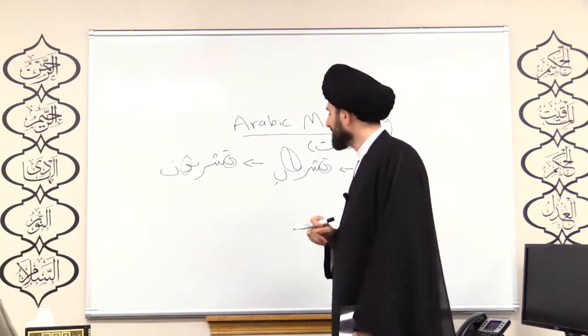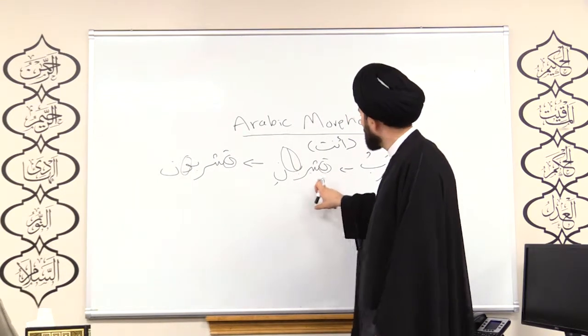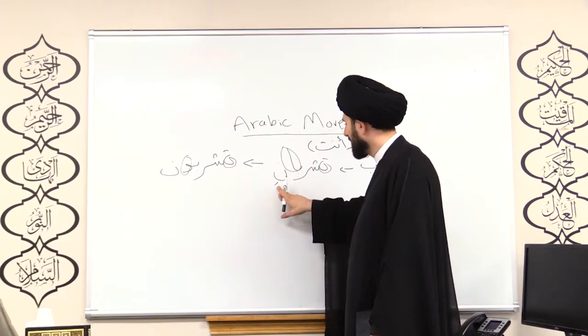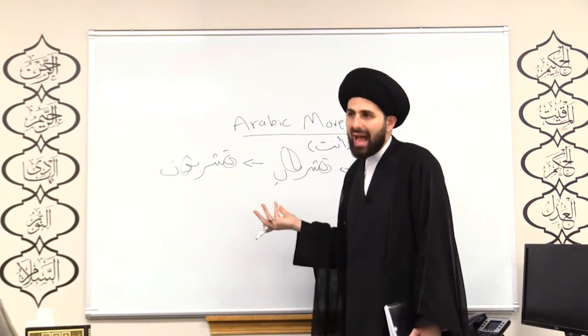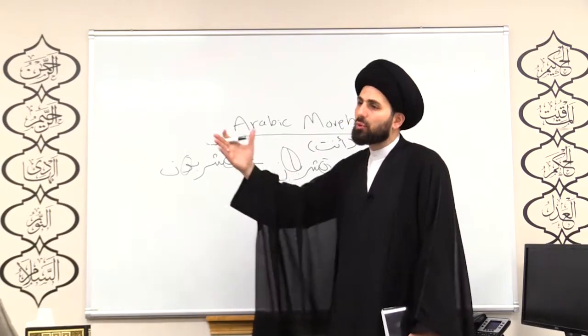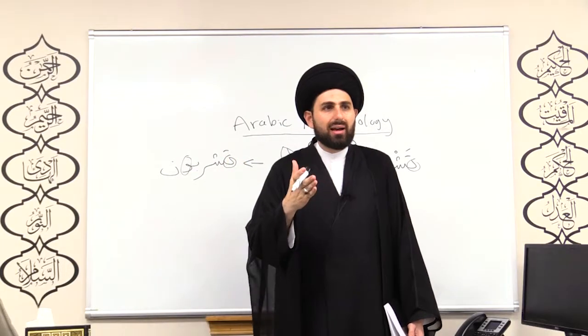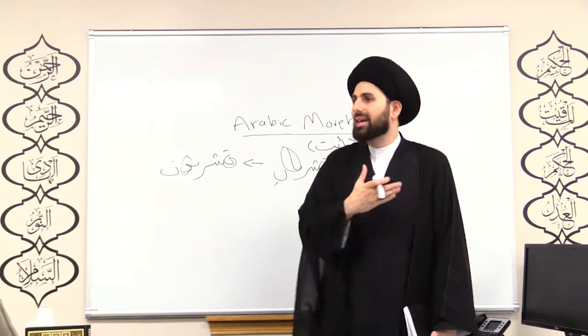Yes, sister. For the dual, can the noon have a sukoon on it? For the dual, the noon over here has a kasra. Why? It originally did have a sukoon. But remember, whenever in Arabic you have to continue a sukoon, you make it a kasra.